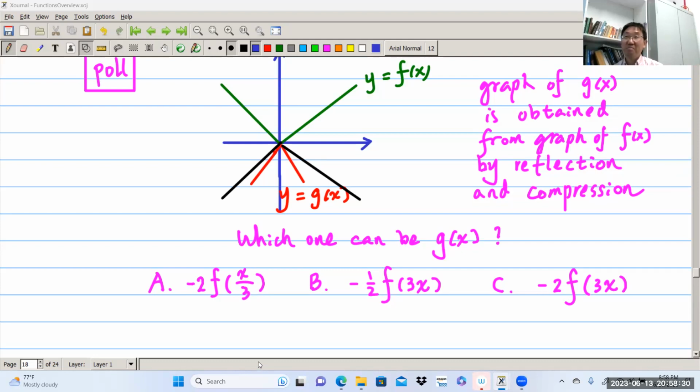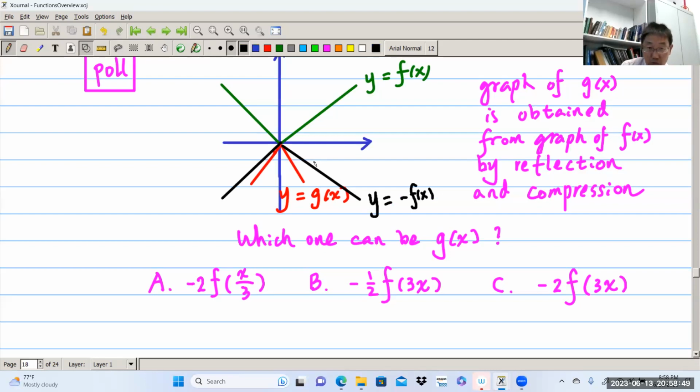Have you guys figured it out? First of all, you reflect f of x to this black curve. So what's the form of this black curve? y equals what? Negative f of x, right? You just multiply all the y values by negative, flip it down, okay?